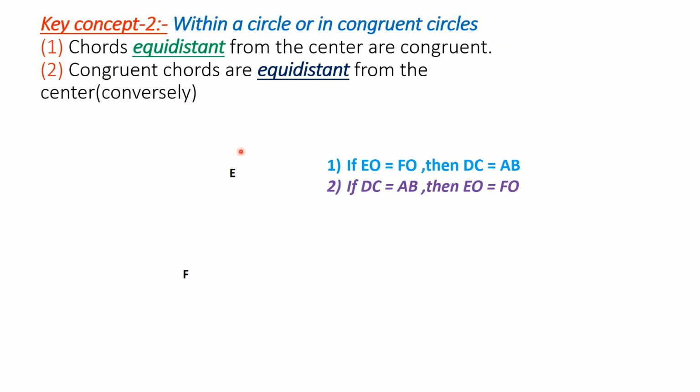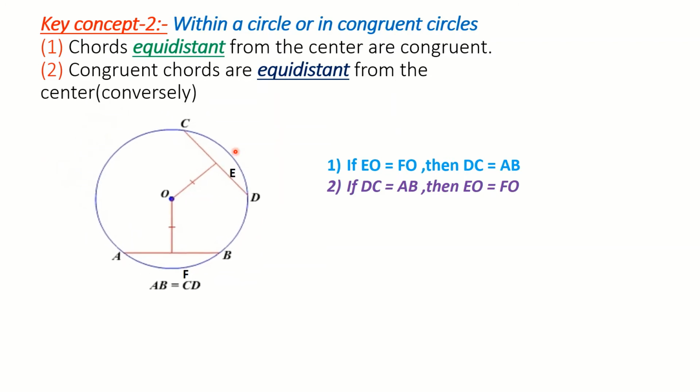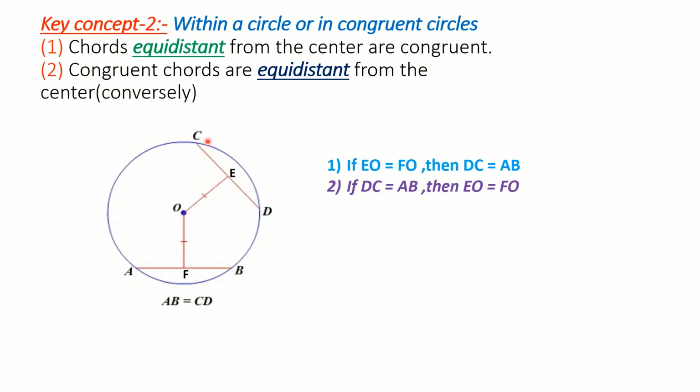Conversely, look at this figure. In this circle, we have chords DC and AB.